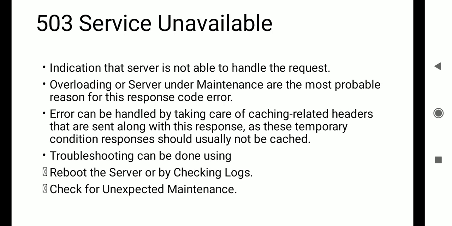The error can be handled by taking care of caching related headers that are sent along with this response, as these temporary condition responses should usually not be cached. Troubleshooting can be done by rebooting the server or by checking the logs. You can also troubleshoot it by checking for unexpected maintenance.